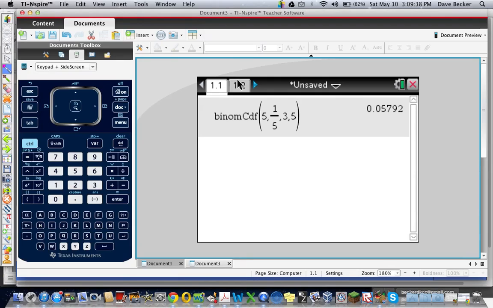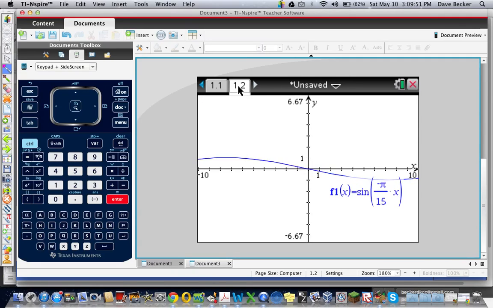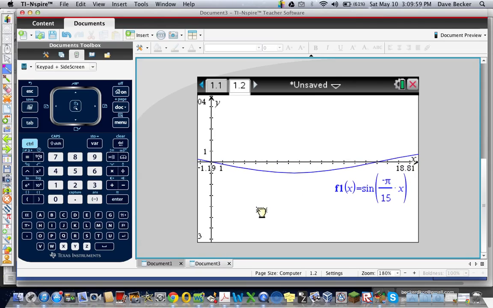So go to my graph thing. And so sine of negative pi over 15 x. I'm going to graph it. There we go. And we already know that one. We want to know the next one. So I got to find that 0.